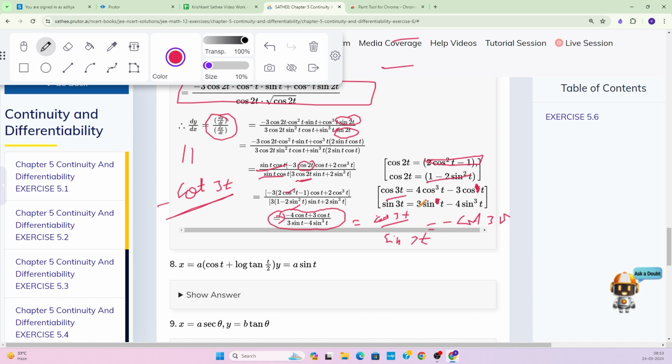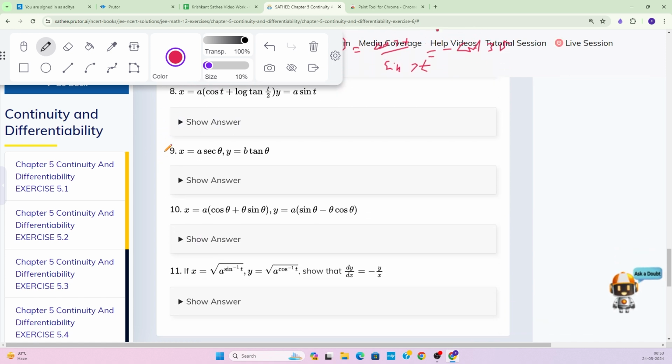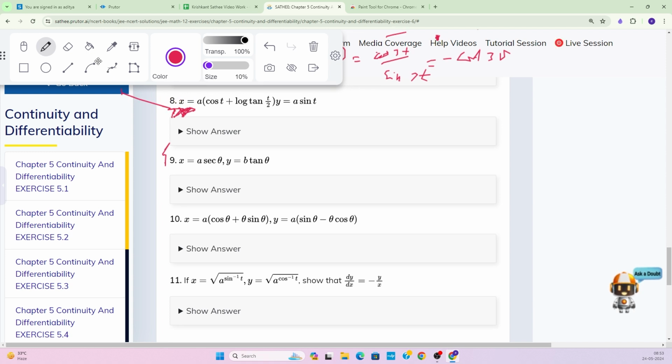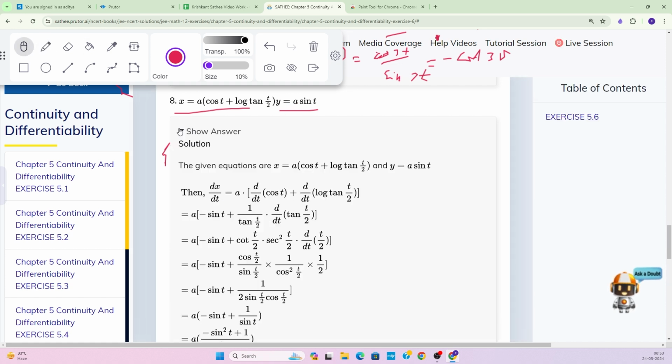Okay, now let us move to problem number 8. I hope that the solution is very clear to you. Now problem 8 says, if x is this and y is this, then dy over dx will be very easy and very quick to answer.